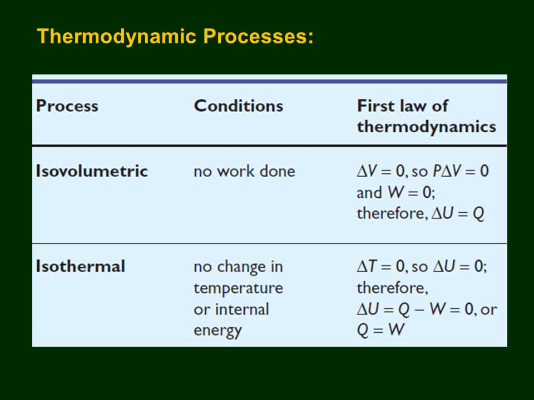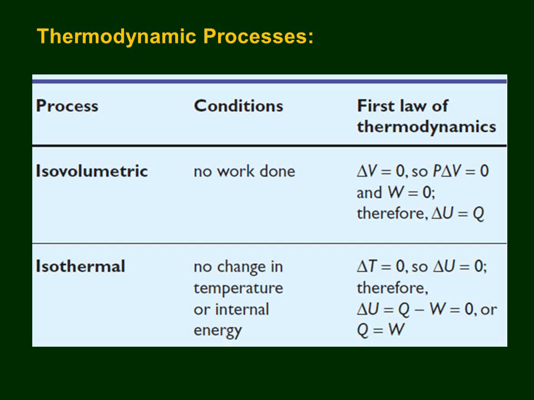So no work is done. Therefore, using the first law of thermodynamics and substituting work equals 0, delta U equals Q. So the internal energy increases if heat is added to the system, and decreases if heat is taken out of the system.